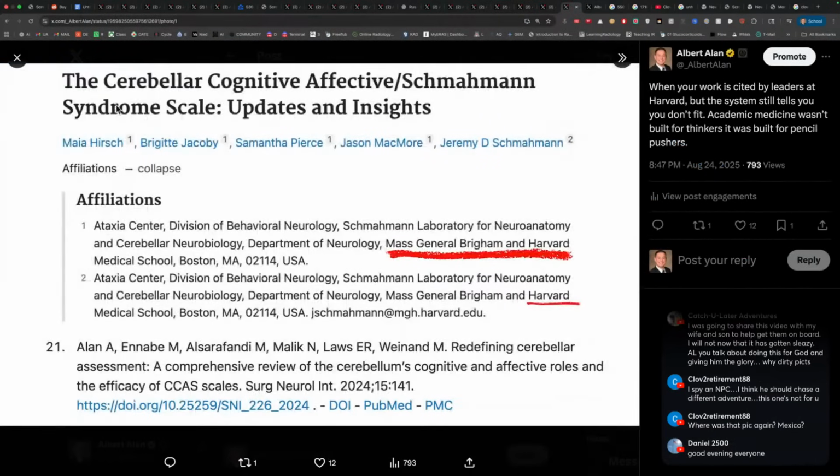So it's really funny because Harvard actually cited our paper. So the leaders at Mass General, Brigham, and Harvard Medical School, they ended up citing our work.